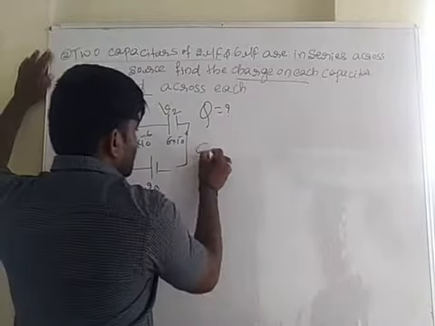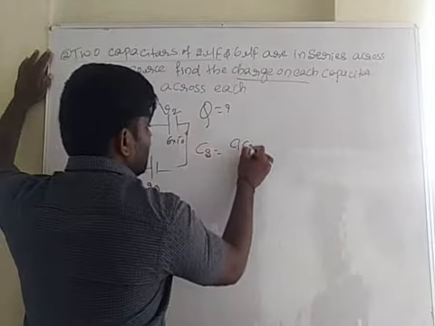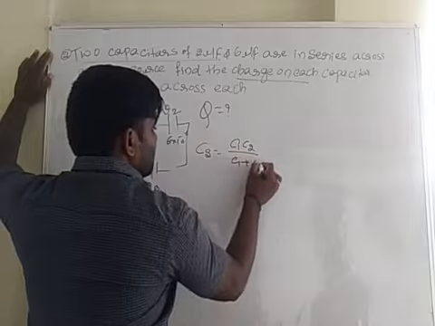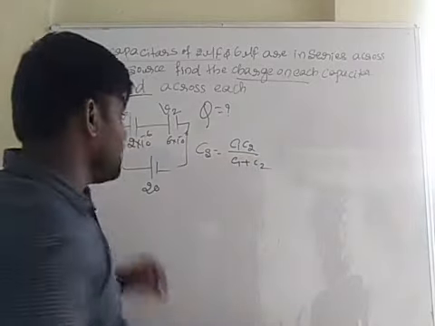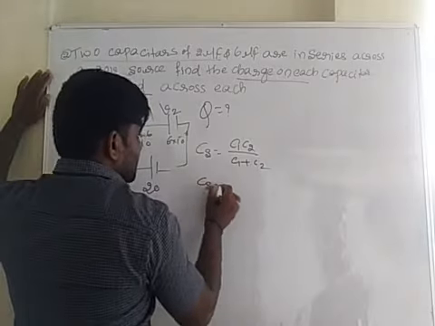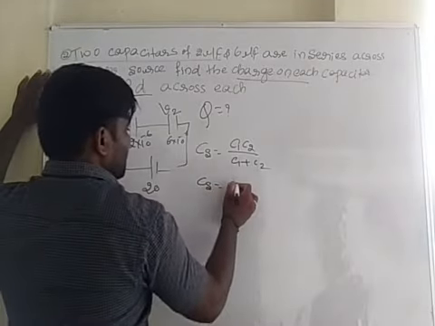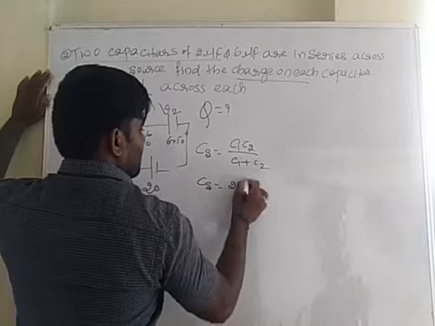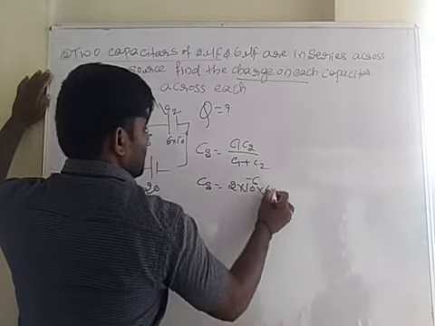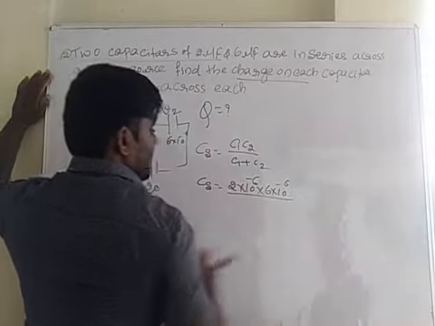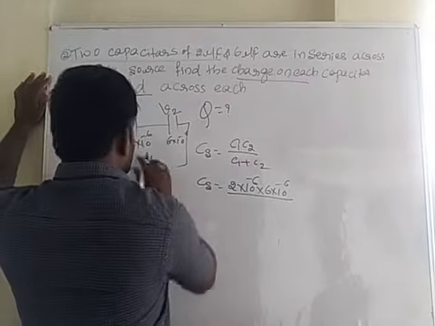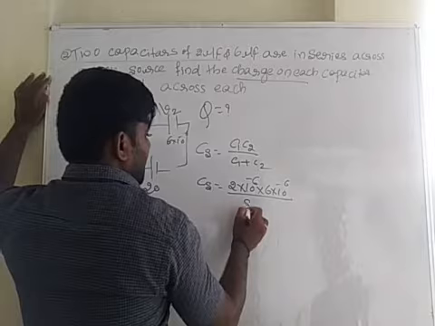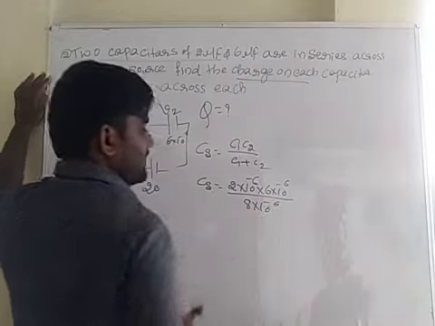So this CS is equal to C1 C2 divided by C1 plus C2, the effective capacitance if 2 capacitors are connected in series. This CS is equal to 2 into 10 to the power minus 6 into 6 into 10 to the power minus 6, divided by C1 plus C2, 8 into 10 to the power minus 6.